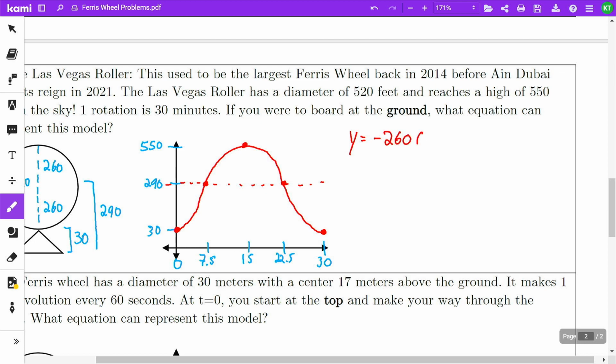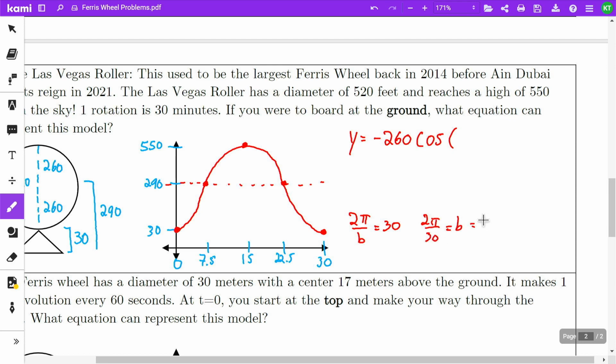Again, we said it's going to be a cosine of. Now we have to figure out what our b value is going to be. So our b value is based off of our period. Our period is one rotation, which is 30 minutes. So to find that, 2 pi over b is equal to 30. If I multiply both sides by b and then divide both sides by 30, that will give me 2 pi over 30 equals b.